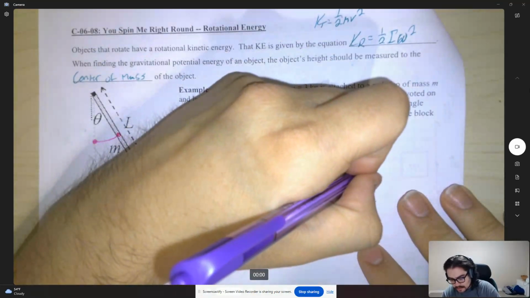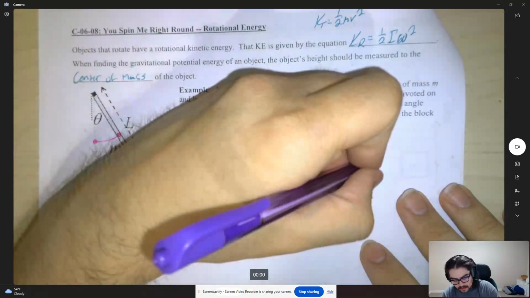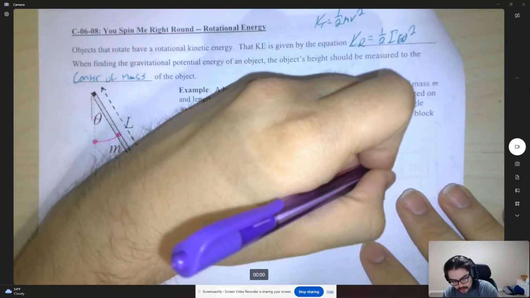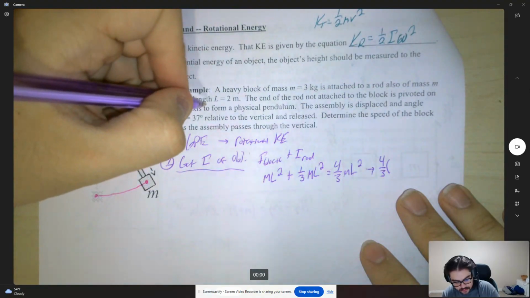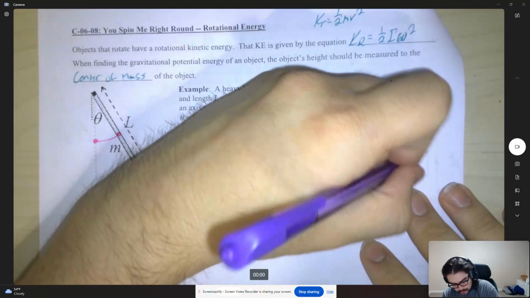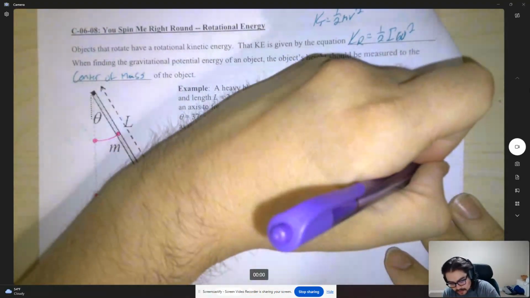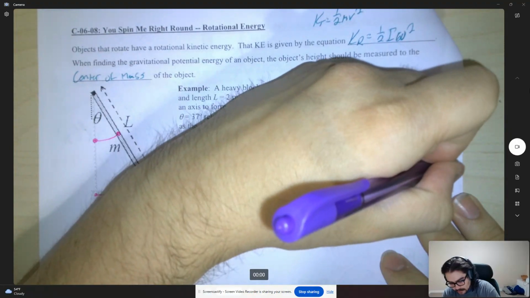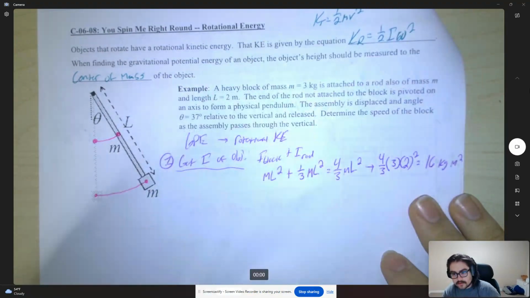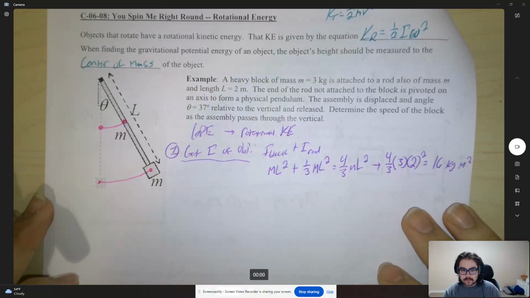We can plug in our numbers: 4/3, the mass is 3, L is 2, squared, and it ends up being about 16 kilograms times meters squared. So there's that.